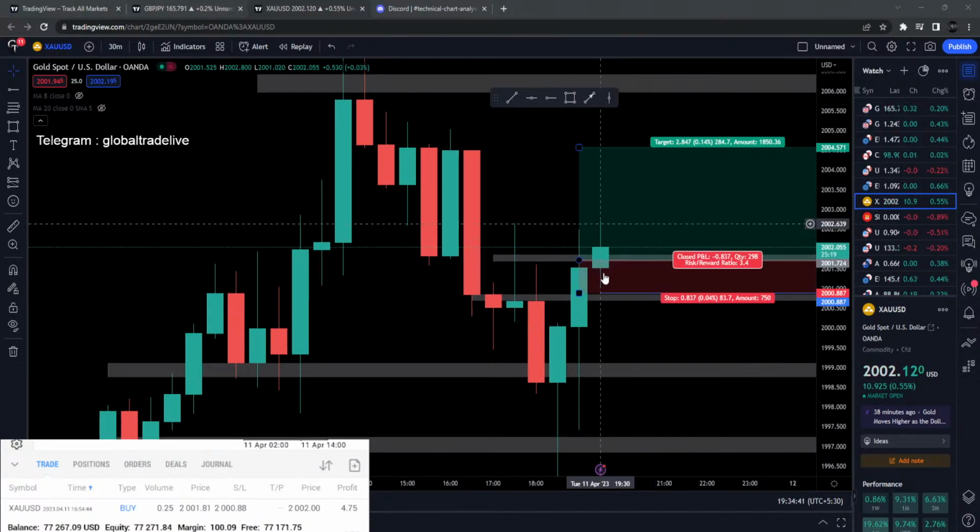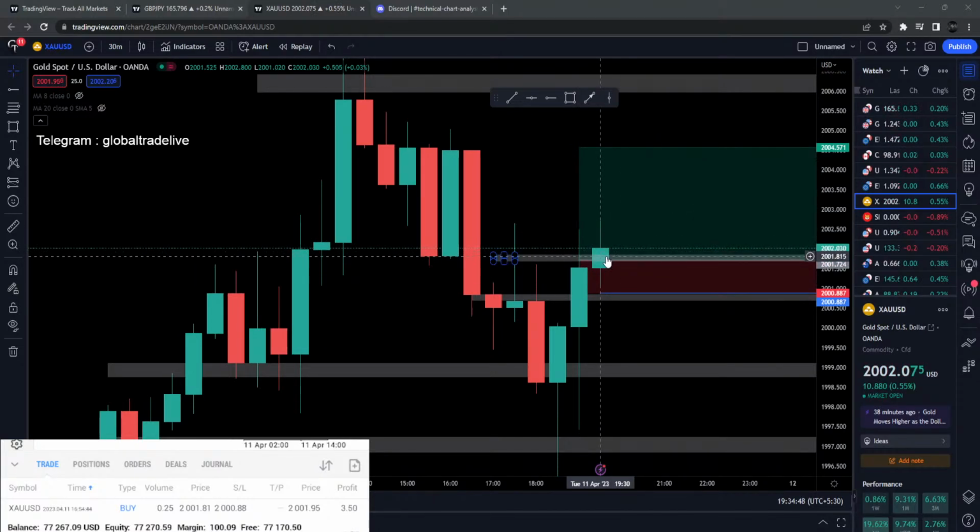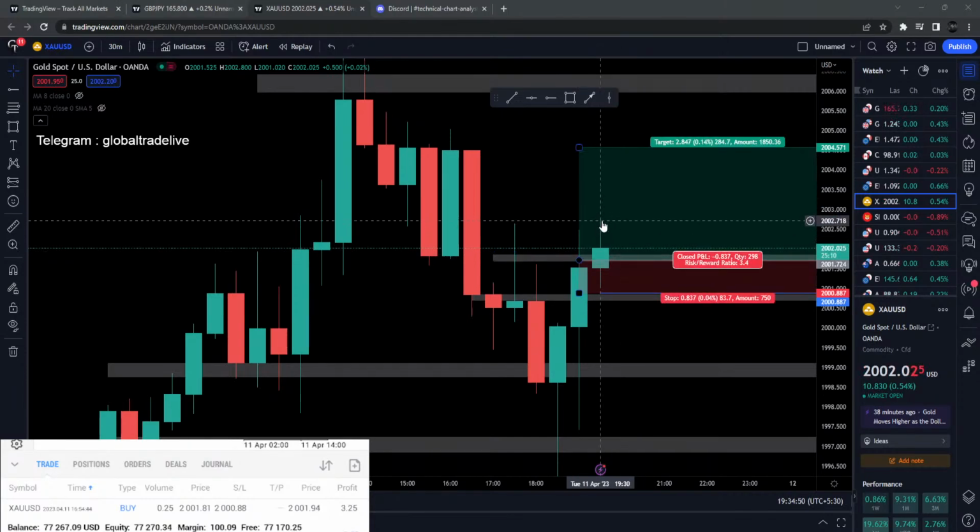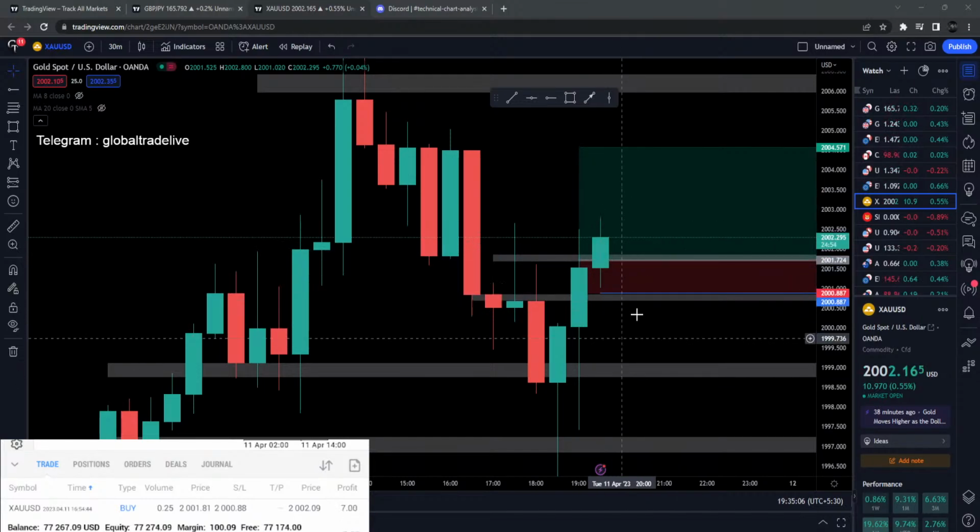So the thing is we managed our risk first when we closed half at break even, because the trade went above 5 pips and then it came back down to break even, right? So at that point of time we managed our risk properly by closing half, and firstly we managed our risk by reducing our lot sizes because of a larger stop loss.